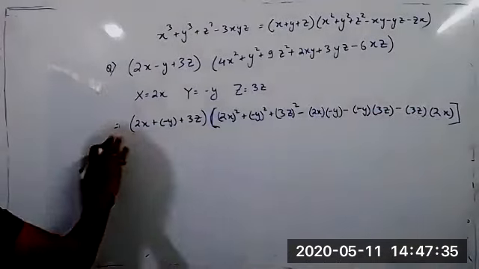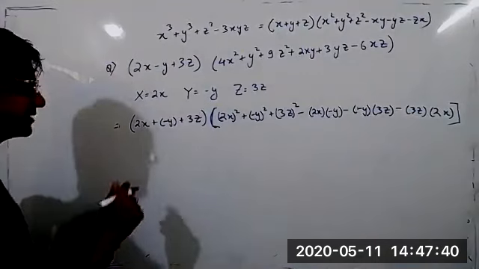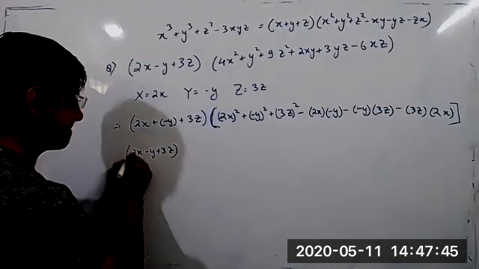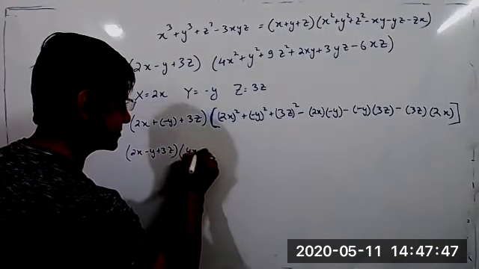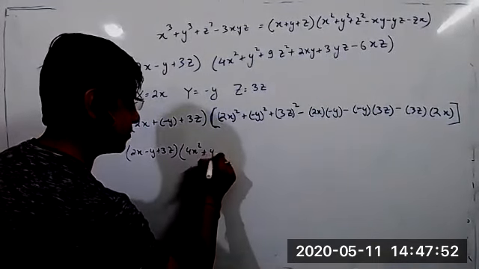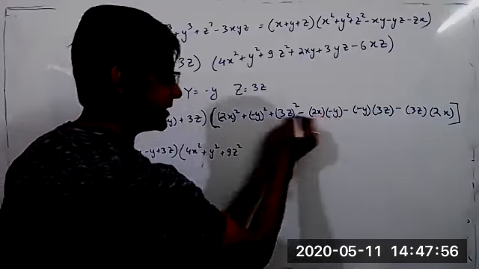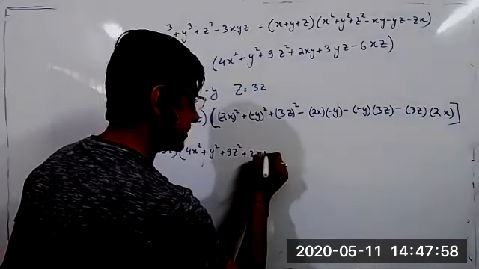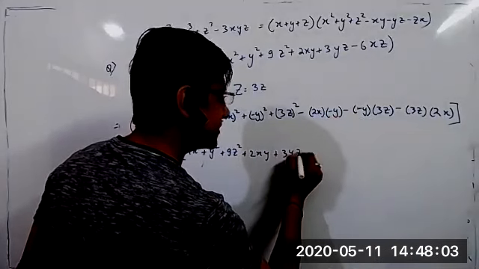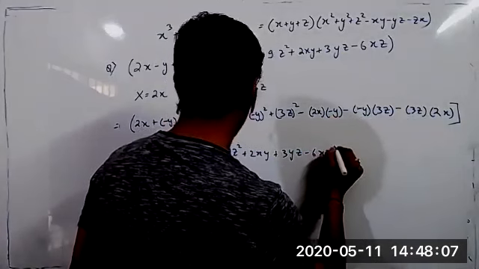So if you see, is this equal to this? Just for confirmation, we are doing 2x minus y plus 3z times: this is 4x square plus y square plus 9z square plus 2xy plus 3yz minus 6xz.